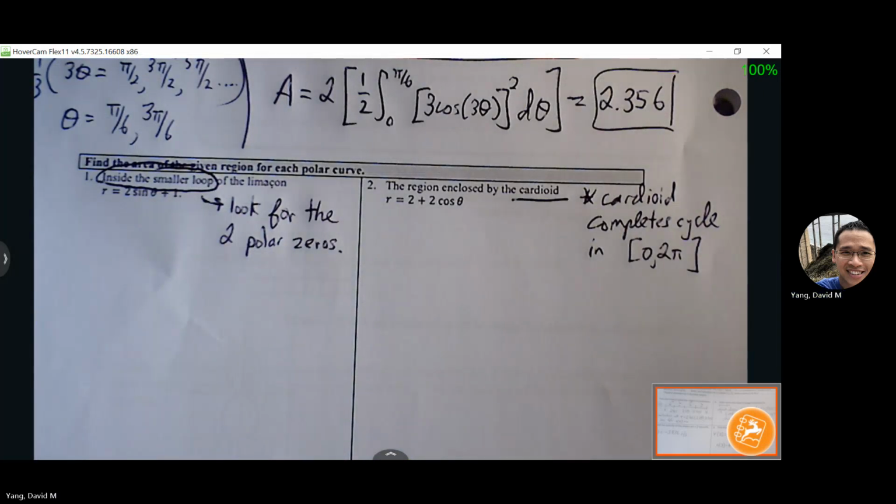Sorry, let's see. It's -1 and there's only 1. Yeah, hold on a second. Why did I do that? Where's my cardioid?